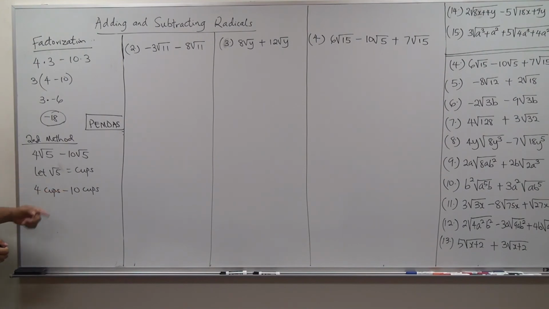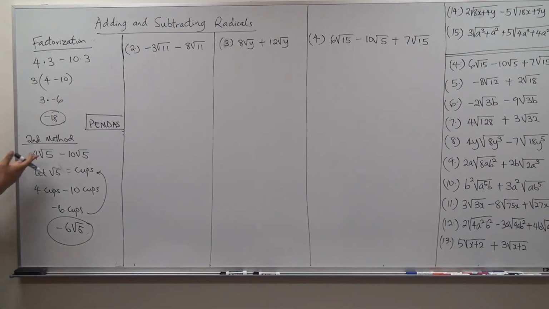Right? 4 cups minus 10 cups is negative 6 cups. And then we say let cups be square root of 5. So this will be negative 6 square root of 5. And that's another way you can do it.